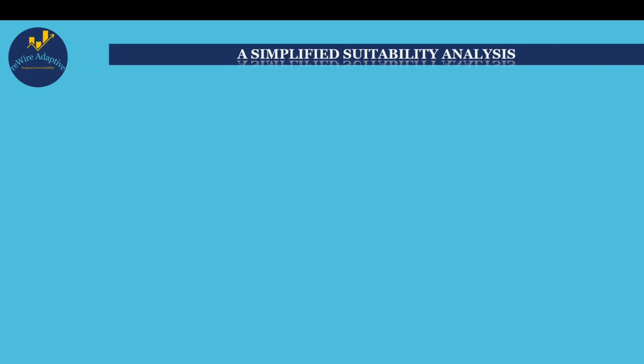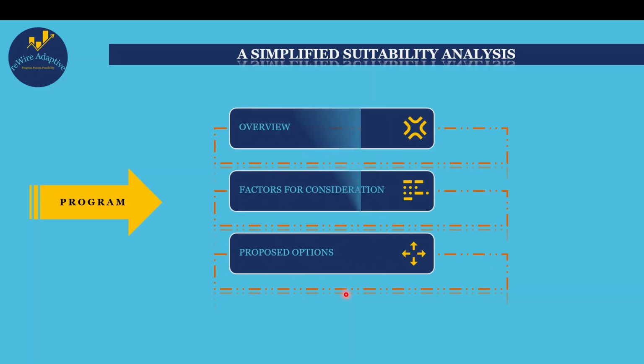What I have now is a quick overview: why I'm presenting this, why I'm creating this particular topic, the factors for consideration, what factors I have considered, and what the proposed options are.